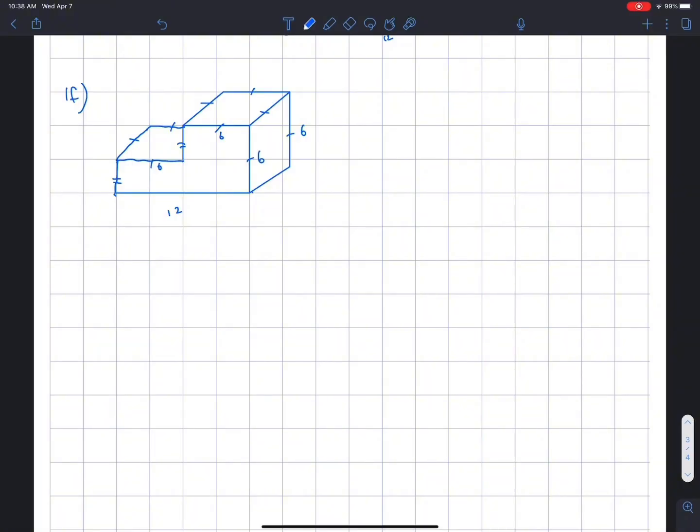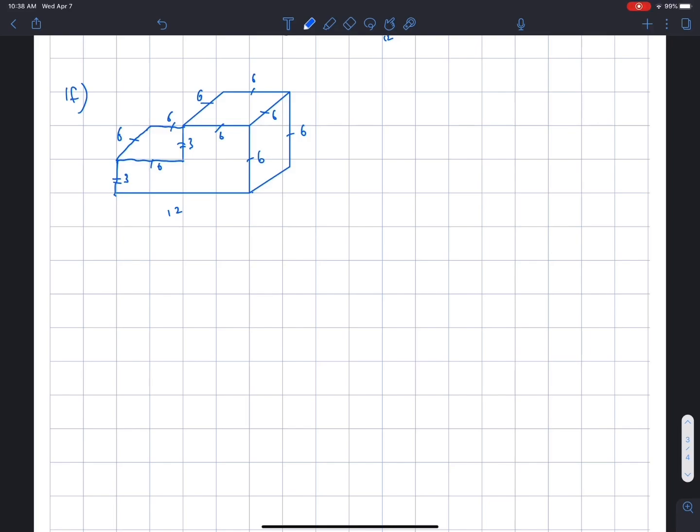This is also 6. These two are exactly the same, and they must add up to 6, so each must be 3. So these are 3 each, and all of these are 6. So that will be the first step. I just need to label everything that I know, all the numbers.